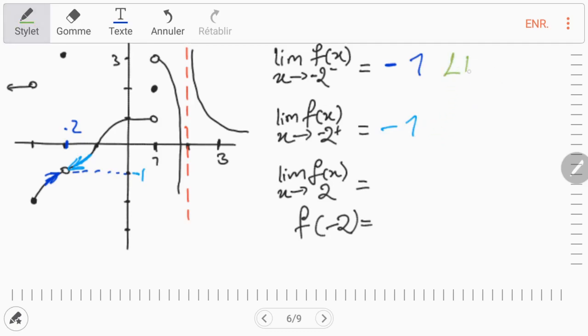Since the left side and the right side both equal minus 1, therefore the limit of f of x as x approaches minus 2 is equal to negative 1. And for f of minus 2, we go to the point where we meet this closed circle, extrapolate, and you obtain 3. Therefore f of minus 2 is 3.